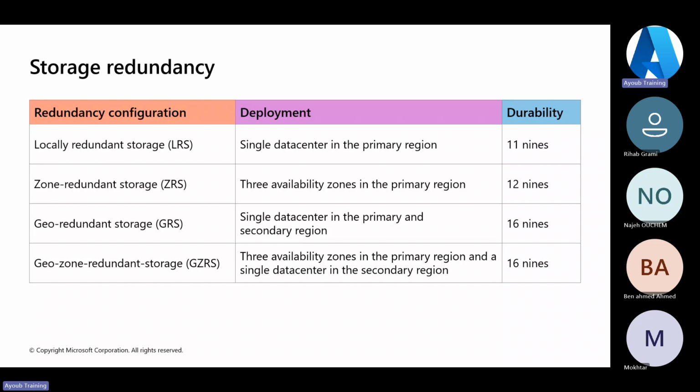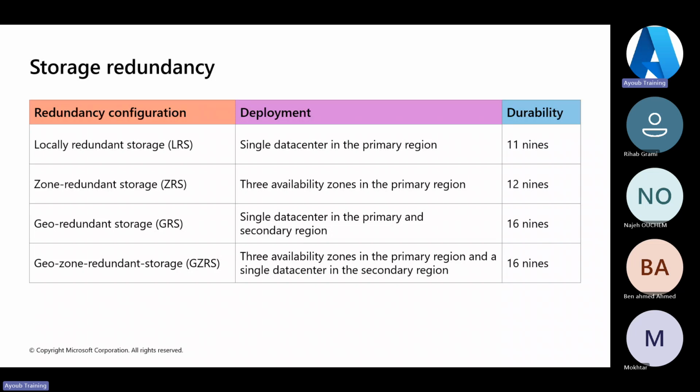The durability is 11 nines. What does 11 nines mean? It is how the data is kept available over time. We talk here about years. So 11 nines means the percentage 99.999999999, as a percentage, the durability of the data.